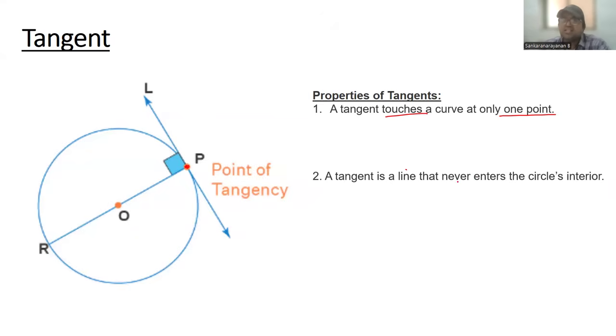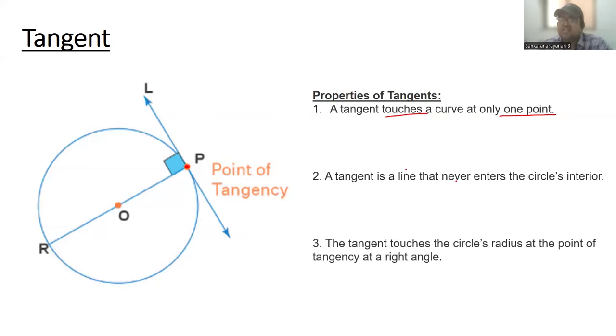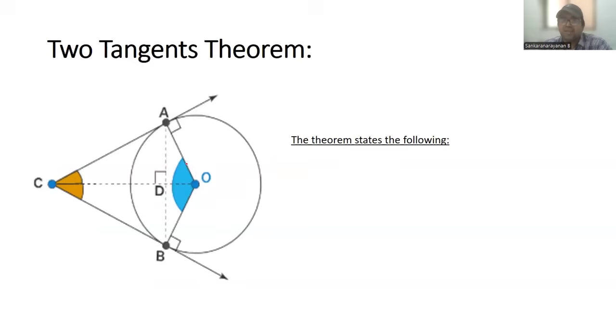Like I said, the tangent will not intersect the circle. It will not touch the circle at two distinct points, but will touch the circle at only one point. And the tangent touches the circle's radius at the point of tangency at 90 degrees. So the radius and the tangent, like we saw, make 90 degrees to each other. Got it? So these three properties, please keep in mind.